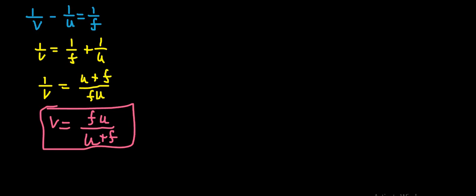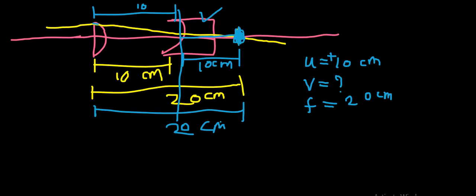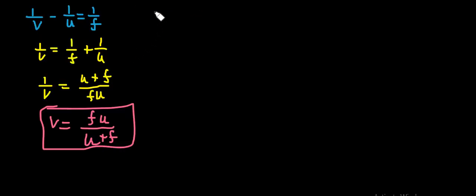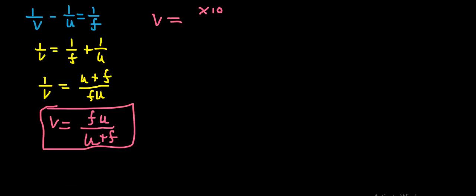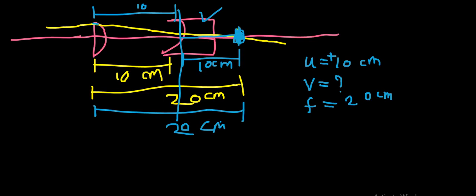Now by substituting the values, u is equal to plus 10, and the focal length of both lenses we have already calculated as 20 centimeter. I will move to the first page to show you that.